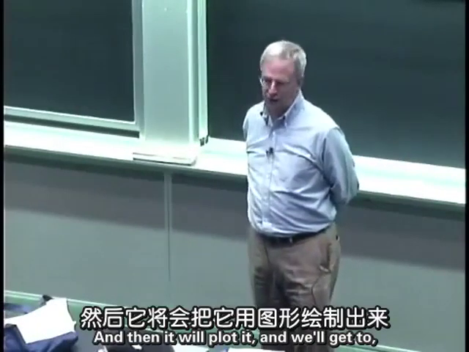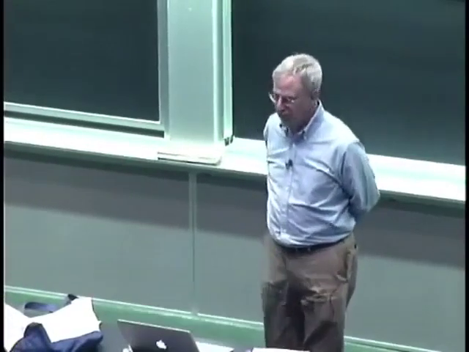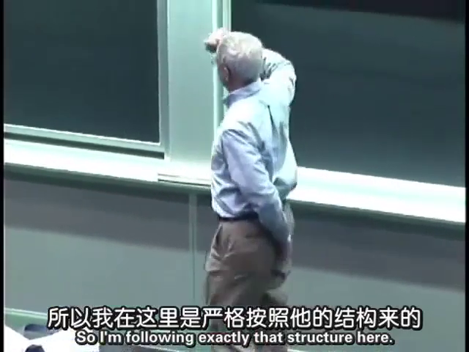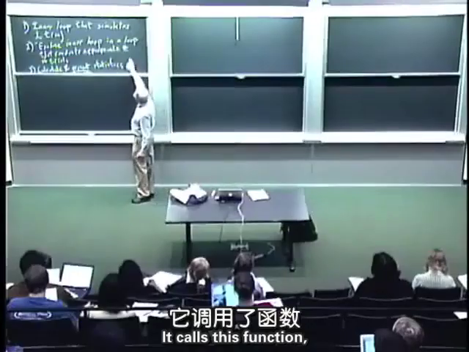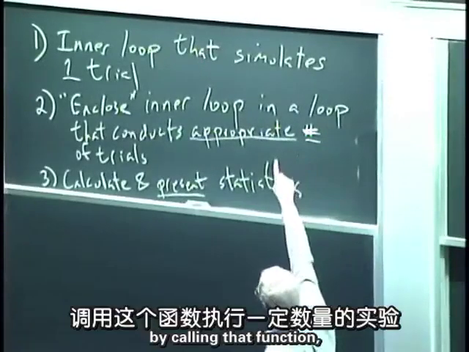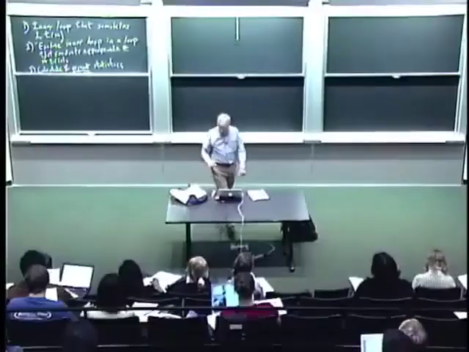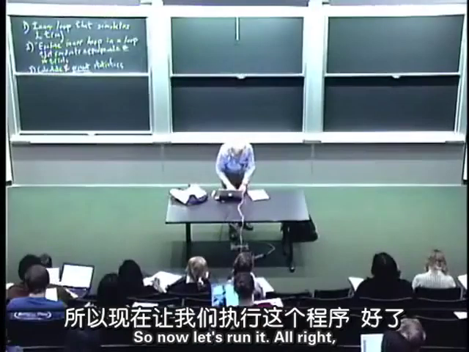And then it will plot it. And as we'll get to before this lecture is over, how the plotting works. So I'm following exactly that structure here. It calls this function, which runs an appropriate number of trials by calling that function, and then we'll calculate and present some statistics. So now let's run it.